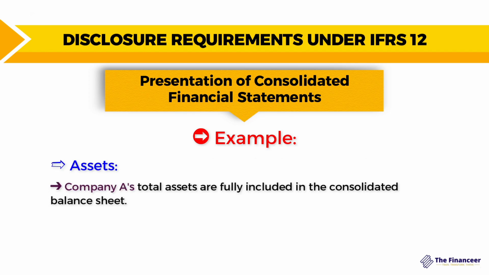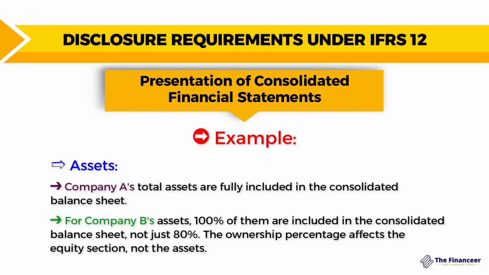Company A's total assets are fully included in the consolidated statement of financial position, and for company B's assets, 100% of these assets are included in the consolidated financial position, not just the 80%. Why? The 100% must be considered because you are going to consider non-controlling interest as part of your shareholders' equity.